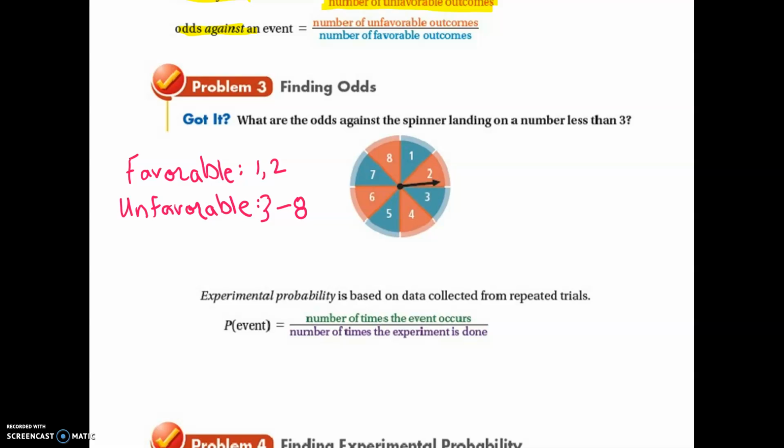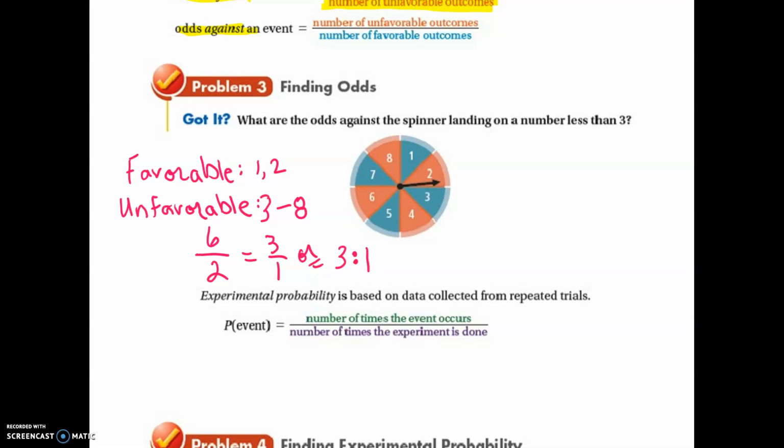So we have 6 values that are unfavorable, and we have 2 that work. And that can be simplified to 3 over 1. Or sometimes with odds, they write it with a colon, 3 to 1. Anyway, you get the idea.